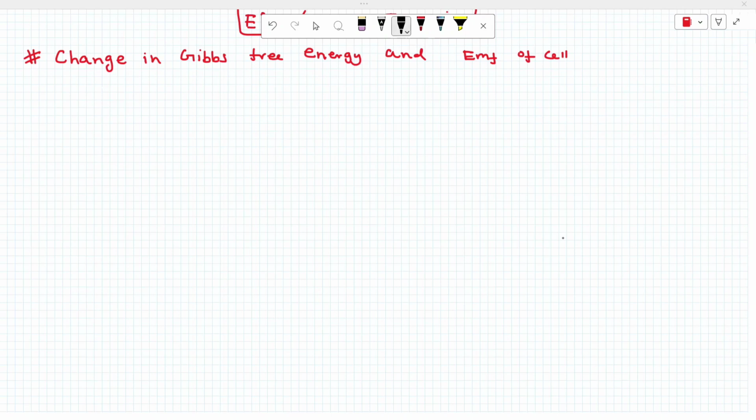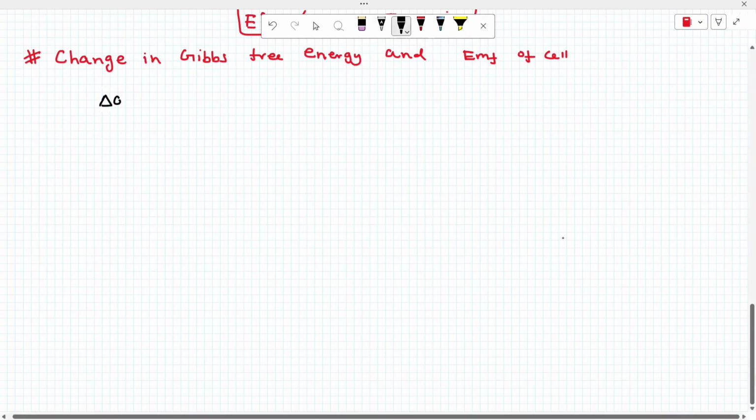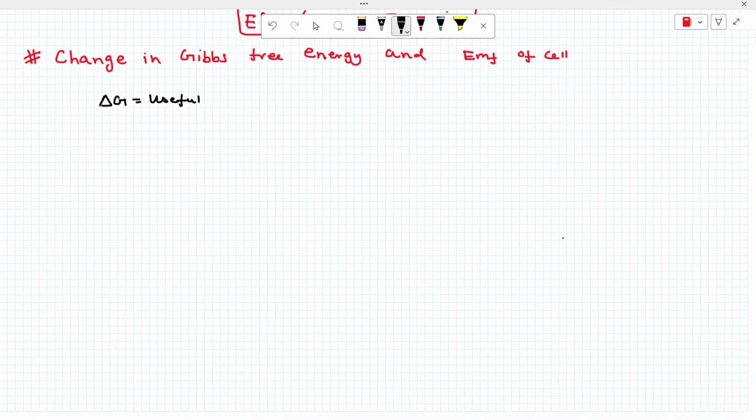Please note. What does delta G mean? That is useful work done by the cell.